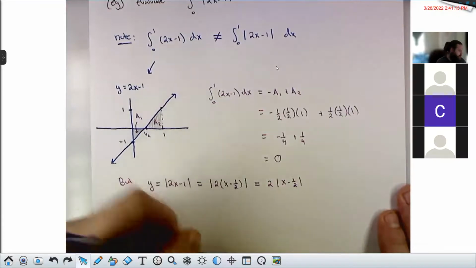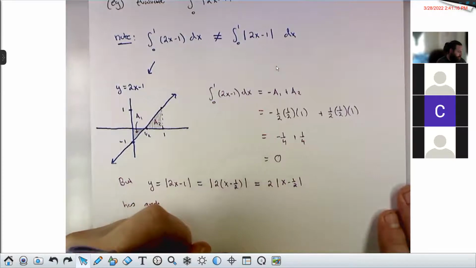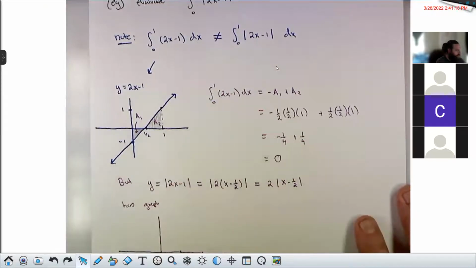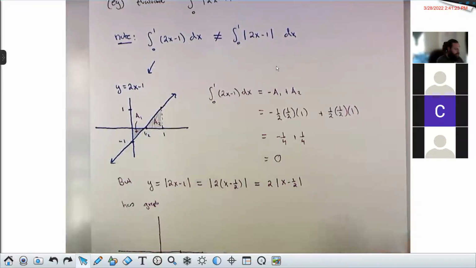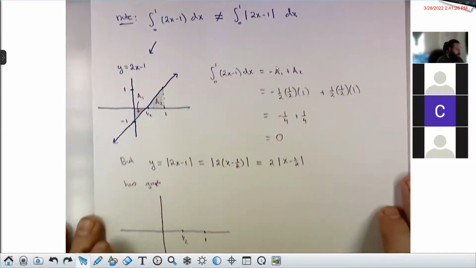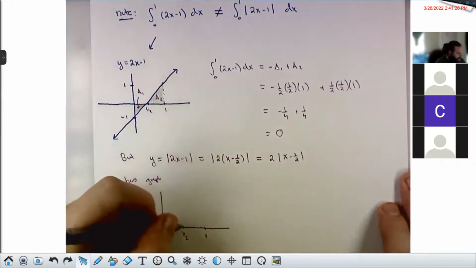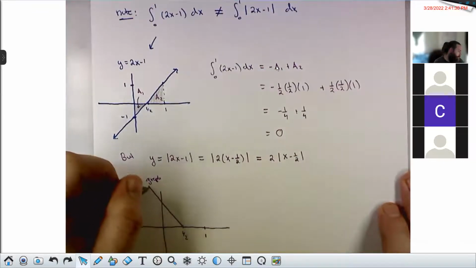We'll call this 1/2. We'll call this 1. We take the regular absolute value graph, stretch it vertically by a factor of 2 and shift it to the right by 1/2 unit.